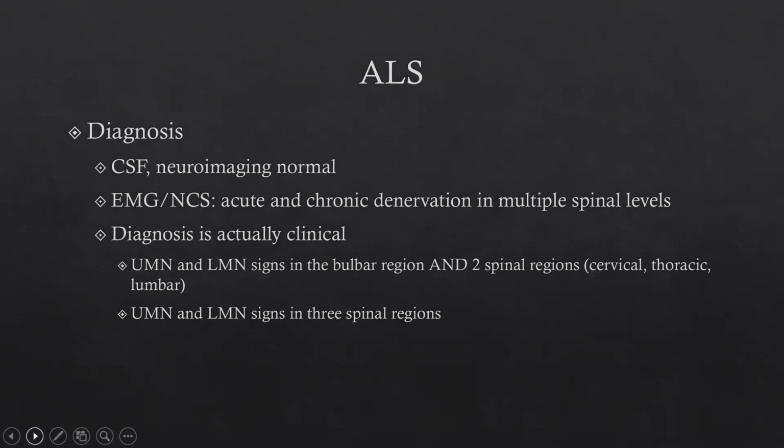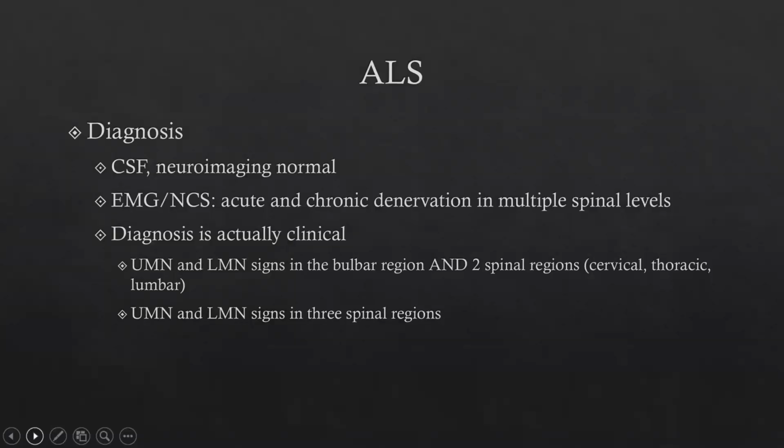And there are different classifications that help in confirming your diagnosis as a definite diagnosis, a probable diagnosis, or a possible diagnosis. There are a number of different classifications in use.